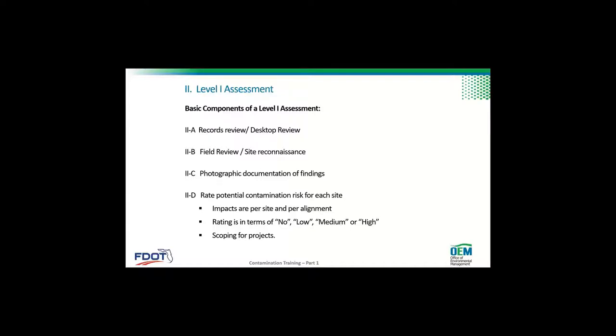We don't actually do any soil sampling or anything during the level 1. And you might look for photographic documentation. Then we rate the potential contamination risk for each site that we find. The ratings are no, low, medium, or high.